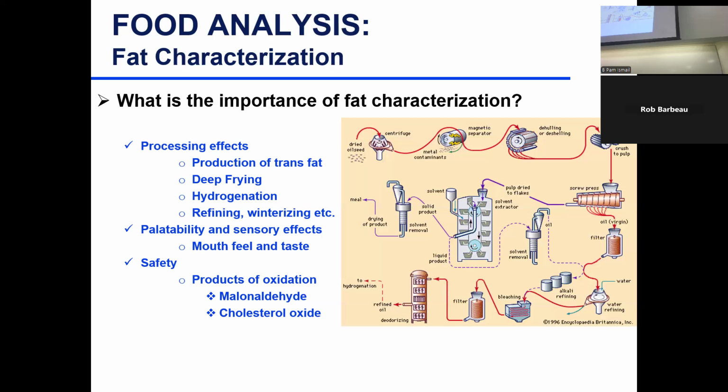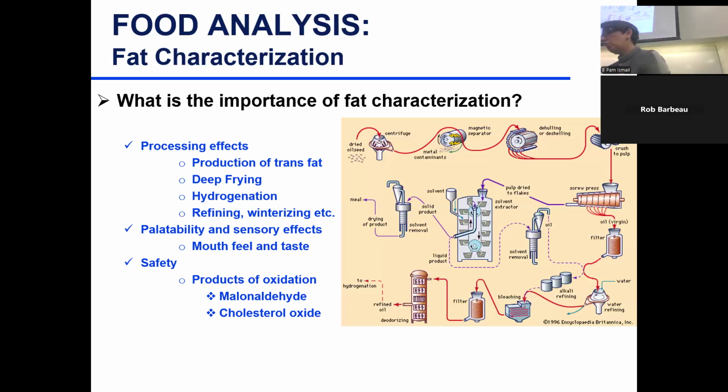Okay, and then they centrifuge and separate the soap and water from the rest of the oil. That's refining: getting all those free fatty acids out by reacting them with sodium hydroxide, centrifuging, getting rid of the soap and water, and getting that refined oil.